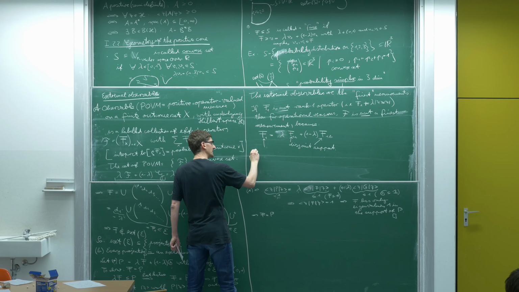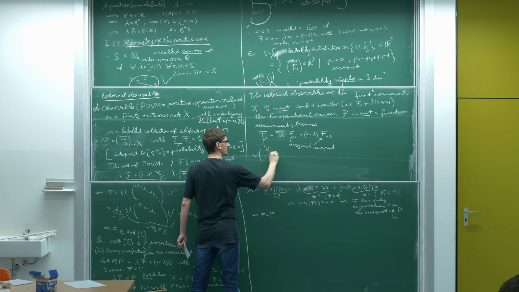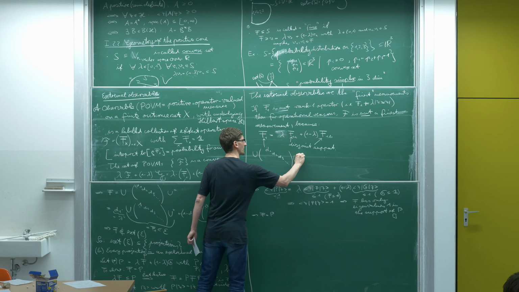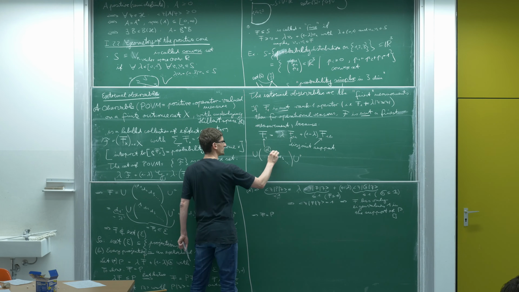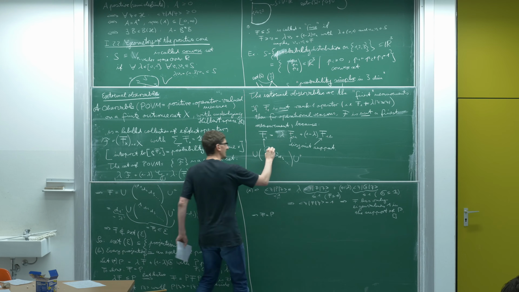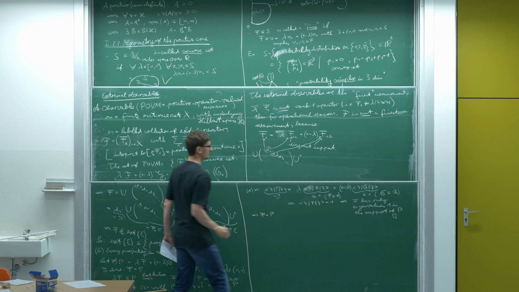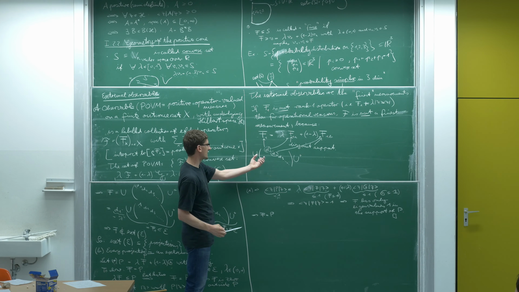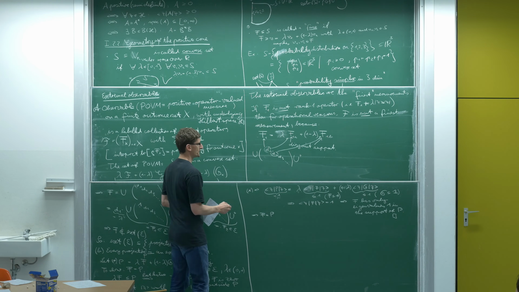Again, we write this as U times some diagonal matrix, D1, D2, D3. And if F is not a rank 1 operator, so if two of these elements are non-zero, we can lump one element in here, one element in here, and write F as a sum of two operators.